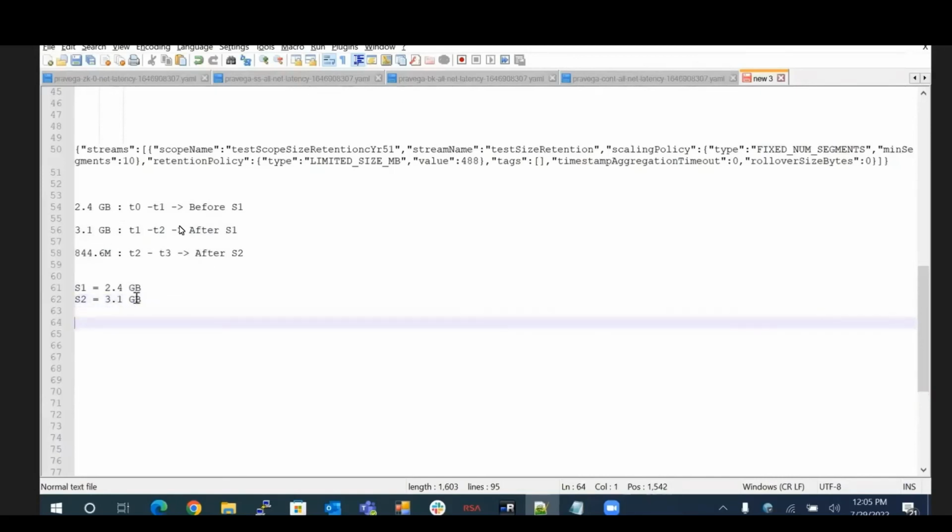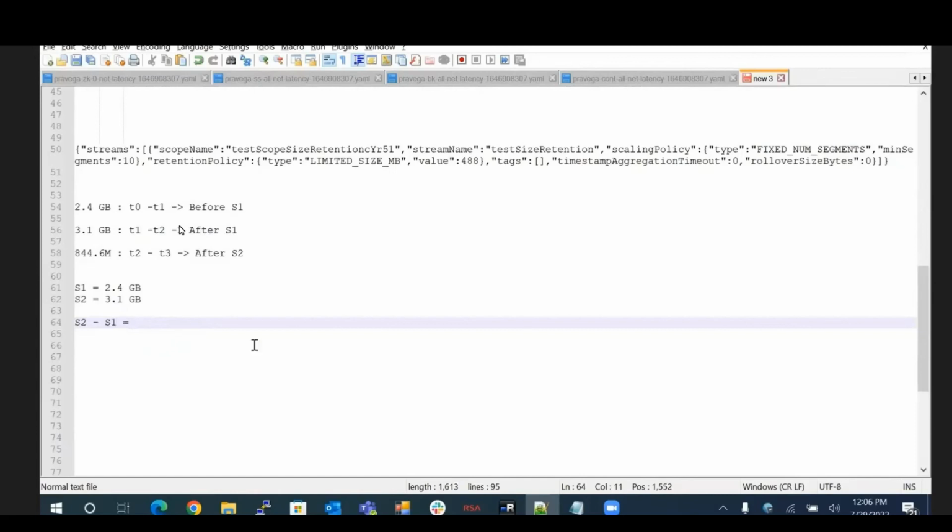So immediately after the next stream cut being taken, Pravega identifies that there is a surplus record been written by differentiating between these two stream cuts, S2 minus S1.